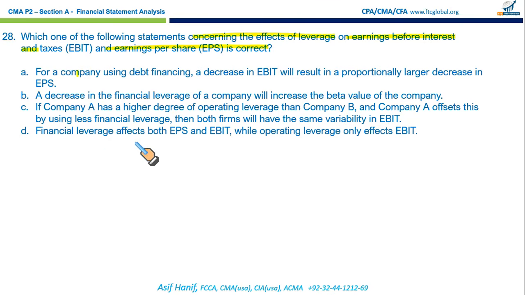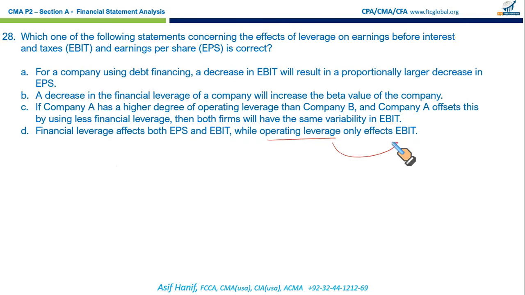D says financial leverage affects both EPS and EBIT. Financial leverage affects earning per share, but it doesn't affect EBIT. Why? Because EBIT is earning before interest and tax. Since this income has no impact of interest, financial leverage cannot affect EBIT. This part alone results in rejection of this option. However, the second part is correct.